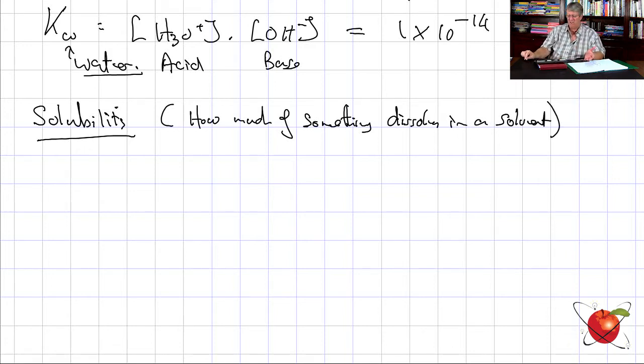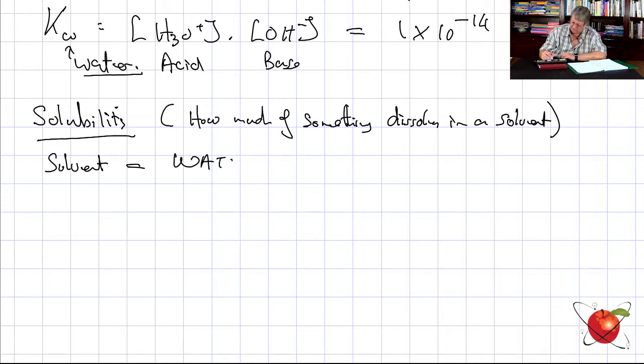How much of something dissolves in a solvent? For the time being, I'm going to use the solvent is equal to water. Obviously, you can dissolve things in benzene, you can dissolve things in alcohol, you can dissolve them in carbon tetrachloride, blah-de-blah, in ether. Now, over here, we're just going to use water for the time being.